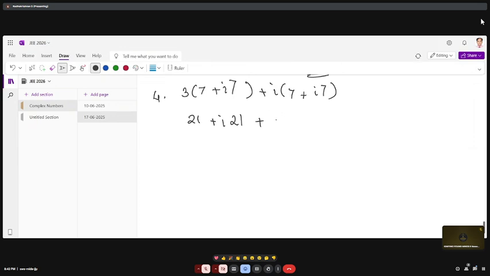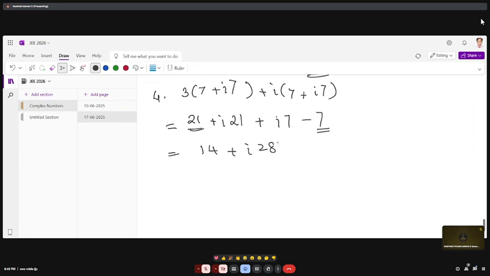i into 7 is i7. i into i7 is i square into 7, so that will be minus 7, since i square is minus 1. So now take the real values 21 and minus 7. So 21 minus 7 is 14. Plus the imaginary values, how many are there? i21 plus i7.